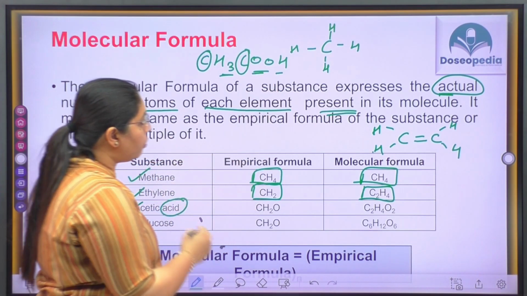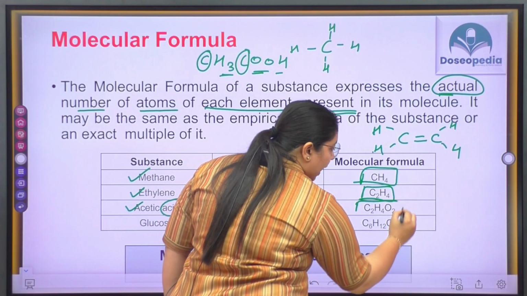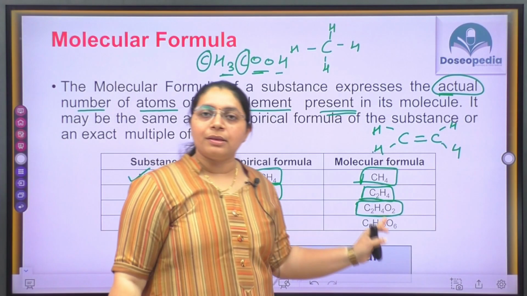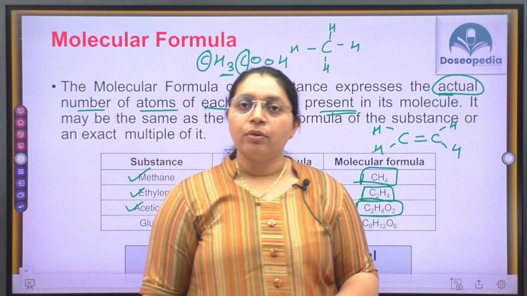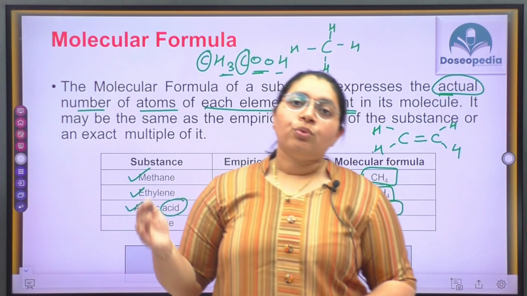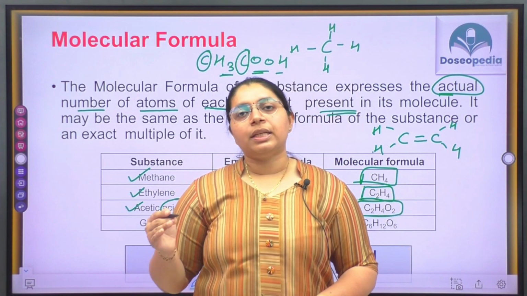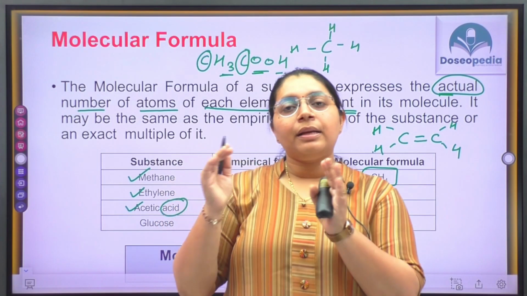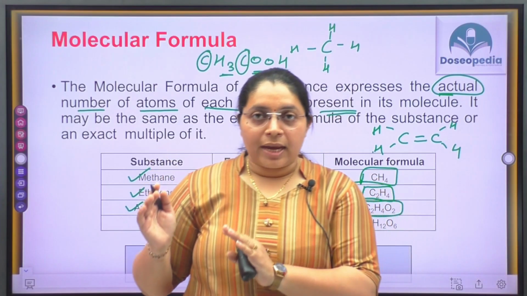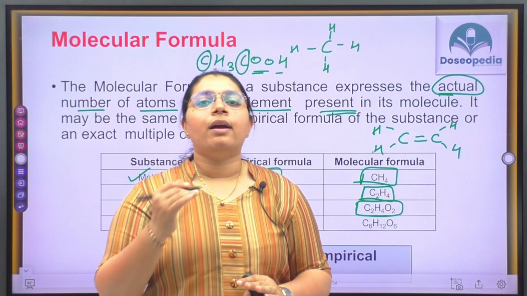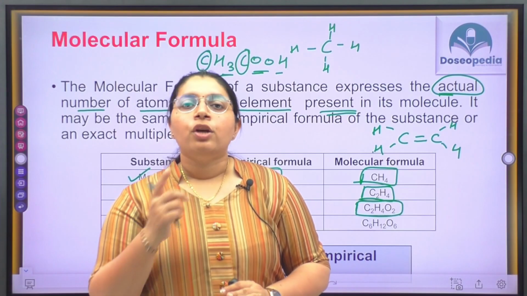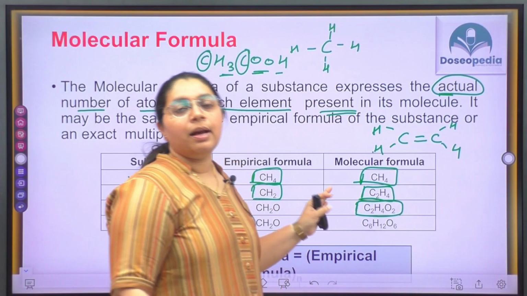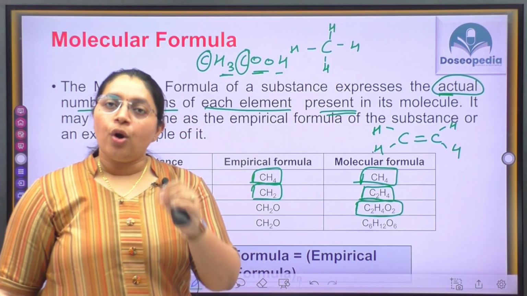So its molecular formula will be C2H4O2. And if you take the percentage ratio of acetic acid's molecular formula C2H4O2, we can convert it into CH2O, because carbon is 1, oxygen is again 1 in the percentage ratio, and hydrogen is double. So 1:2:1 is the composition for acetic acid for carbon, hydrogen and oxygen.